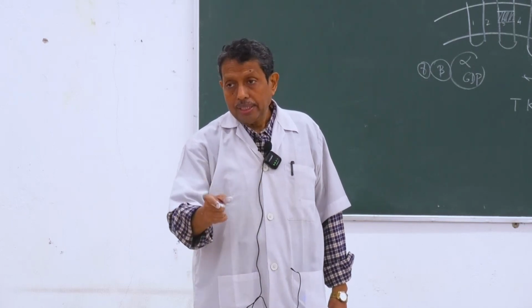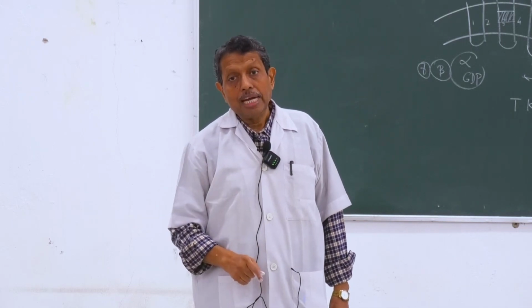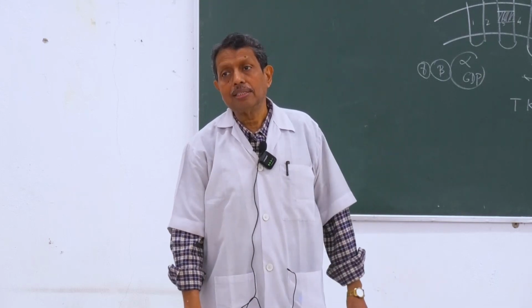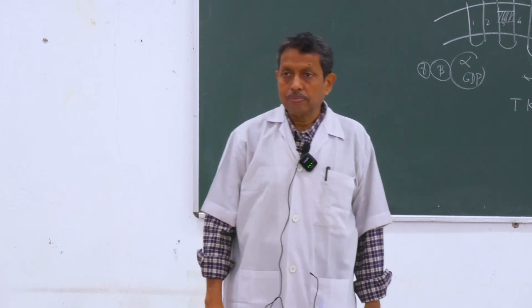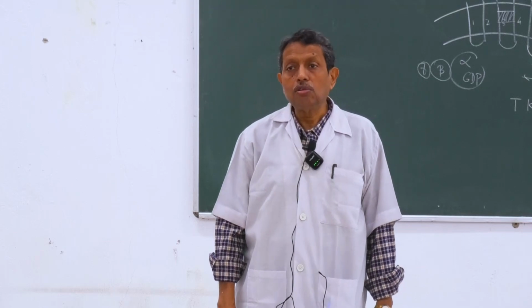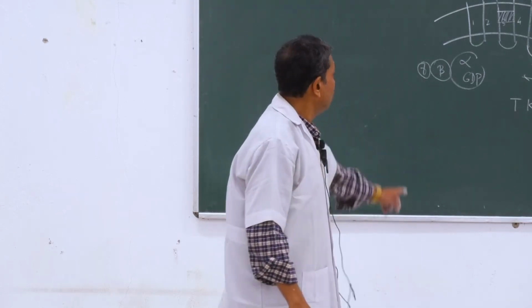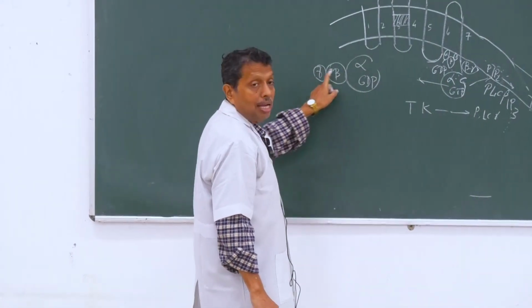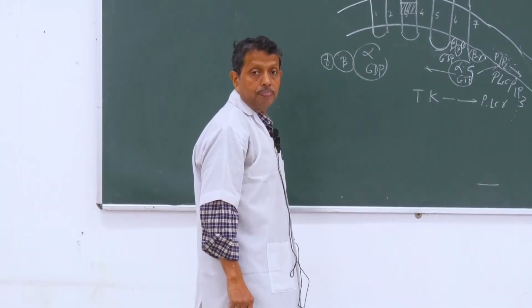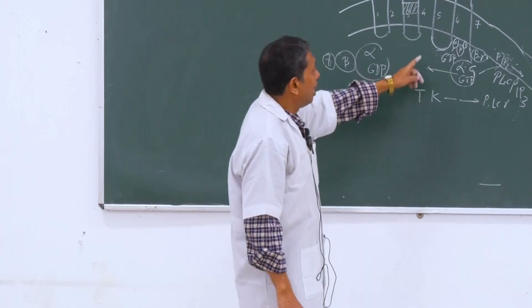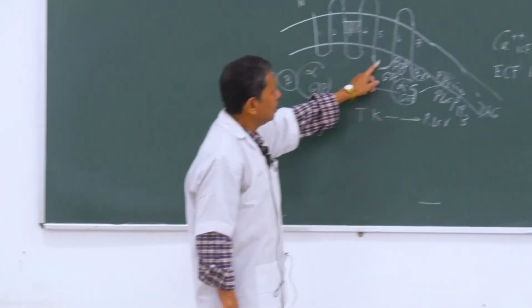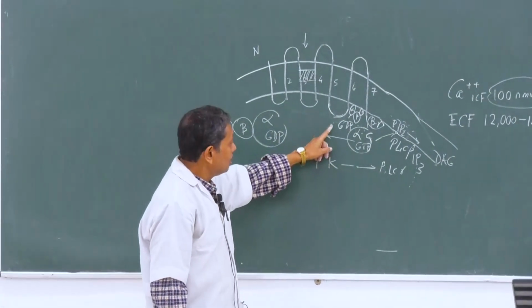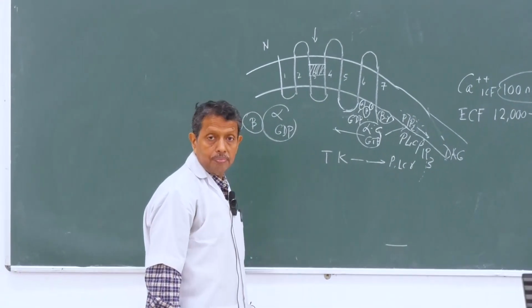The regulator has the opposite effect, enhancing this inherent tendency of GTPase. So it is converted into GDP, and when it binds with the GDP, it will reunite with the beta gamma complex and remain inactive. It is probably the third cytoplasmic loop.